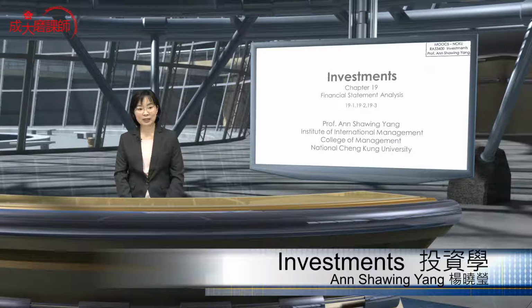In an income statement, we focus on revenue, expenses, earnings before interest and income taxes, we call that EBIT for short, and net income. In a balance sheet, we focus on assets, liabilities, and shareholders' equity.